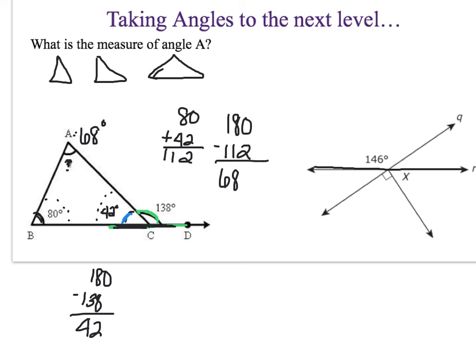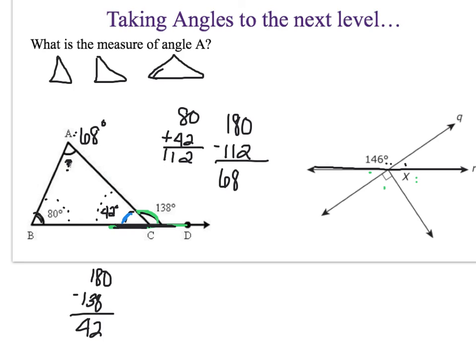So I know that these two angles equal 180 because they're on a straight line. But then I also know that these three angles, 1, 2, 3, are also on a straight line. So these three angles put together is going to be equal to 180.